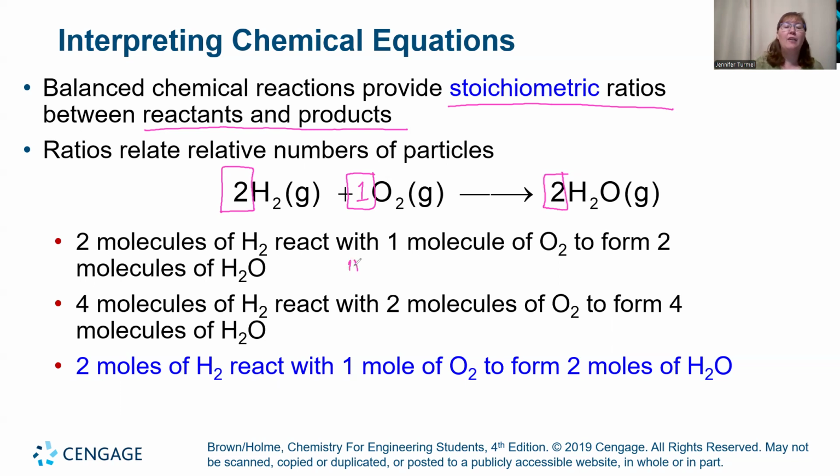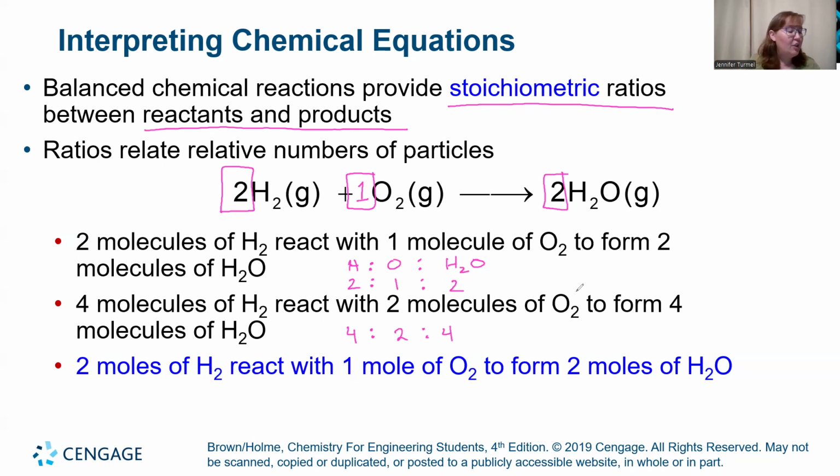Okay, so we have hydrogen and oxygen to water. Our ratios for that are 2 to 1 to 2. That means that you could also have 4 to 2 to 4. Basically you just have to keep that ratio the same.